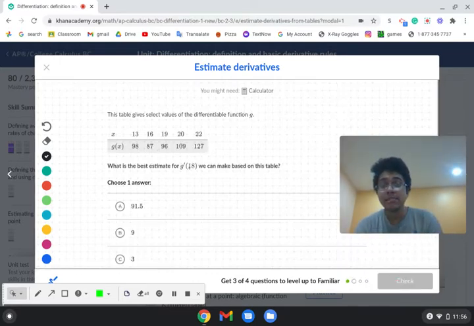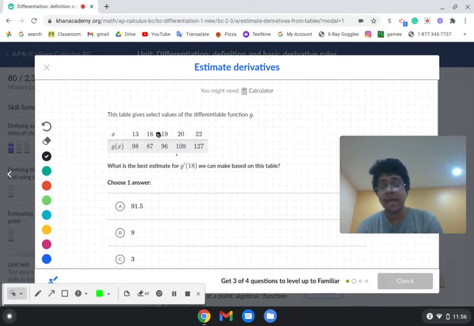What's the best estimate of g prime of 18 that we can make based on this table? Okay, in this example, where does 18 fall in between? It falls in between 16 and 19. So g prime of 18, when x equals 18, this is the instantaneous rate of change.